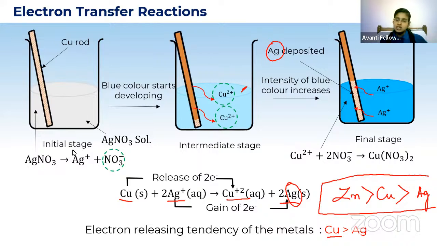Zinc is more reactive and that's why it is able to release its electron more easily. I will talk about the more reactive and less reactive elements in the upcoming slides later. So this is the order of electron releasing tendency for these three metals from these two reactions.